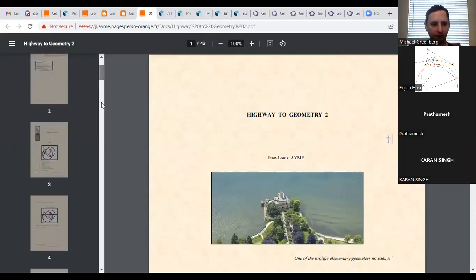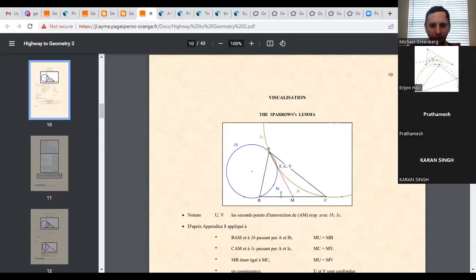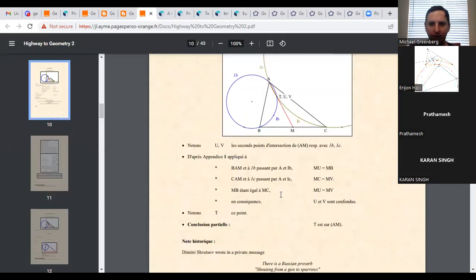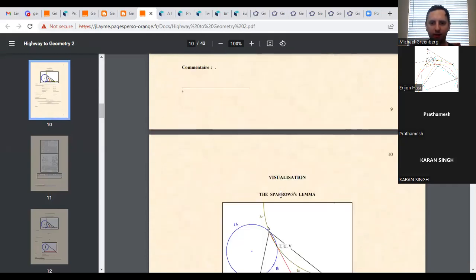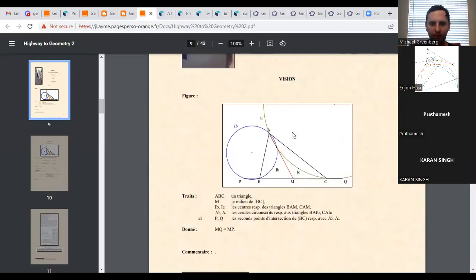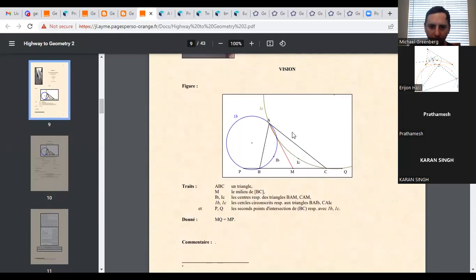Let's see. Was it? Yeah, I think it's this. So his picture looks more like this. So in his picture, P and Q are not the same point, which is weird. So we have a triangle ABC, M is the midpoint. IB and IC are the, oh, you know what?